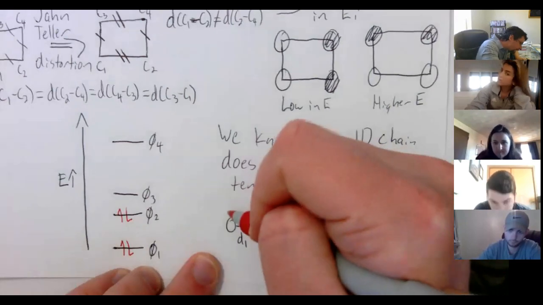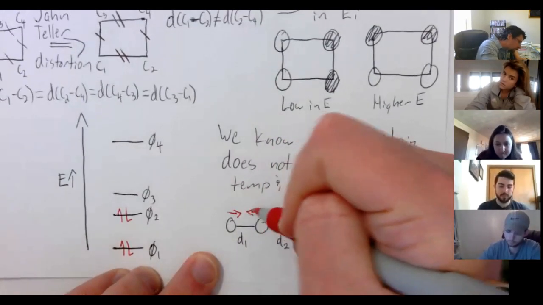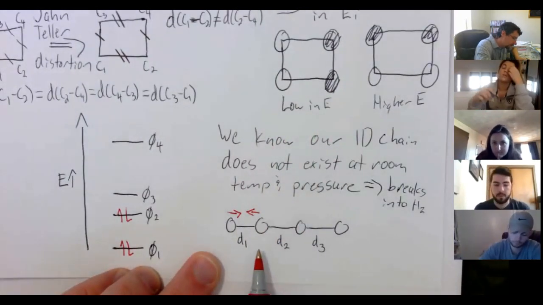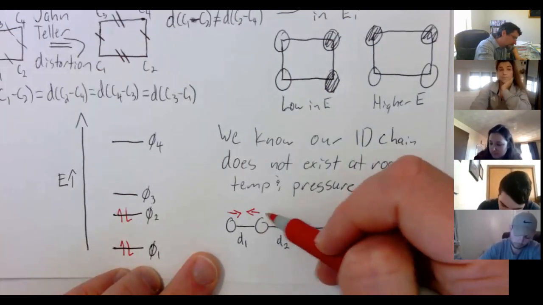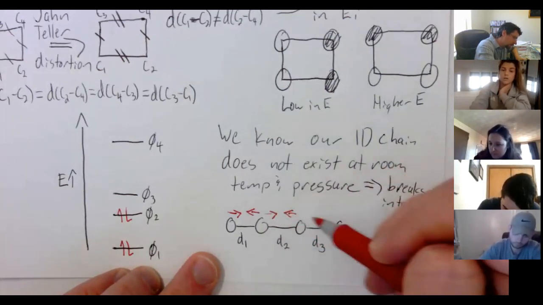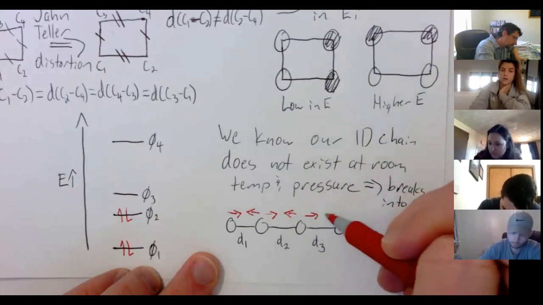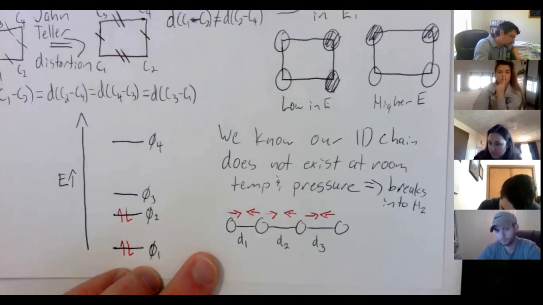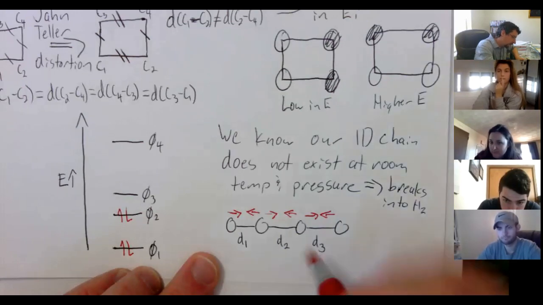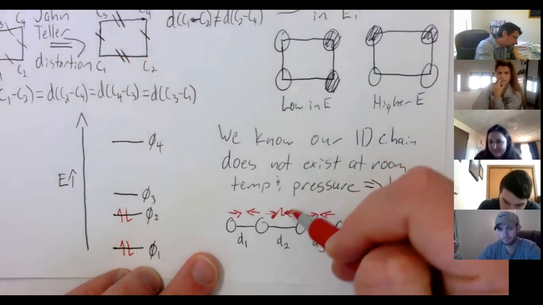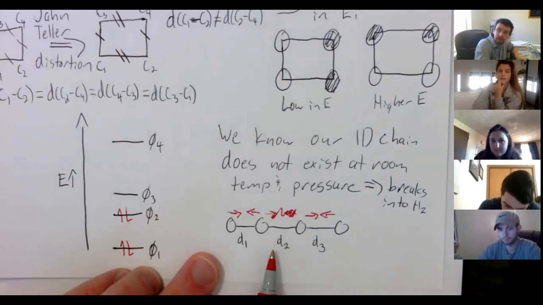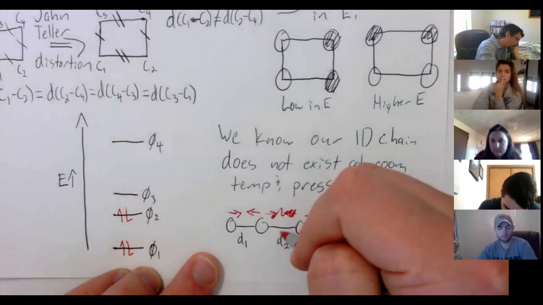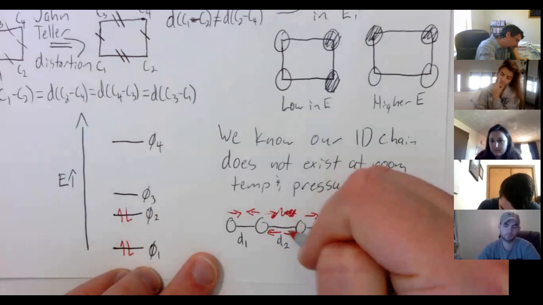Great. So distance 1 is going to shrink. What's going to happen? They're going to all just keep shrinking, right? Oh, wait, no, I drew that wrong. These two are going to shrink. What's going to happen to this one? It would break. Yep, it's going to break. It's going to grow out.